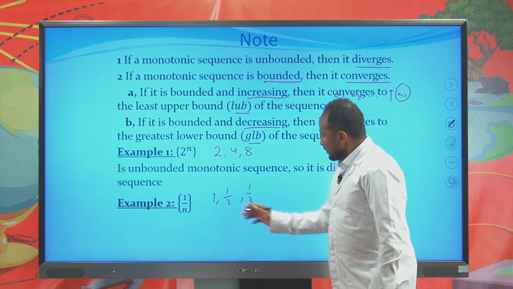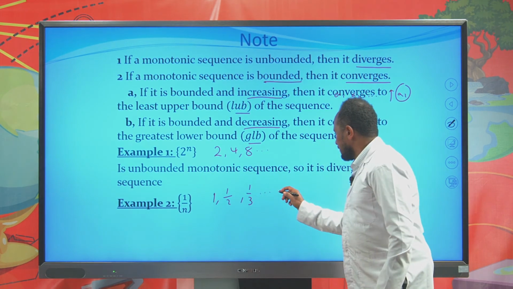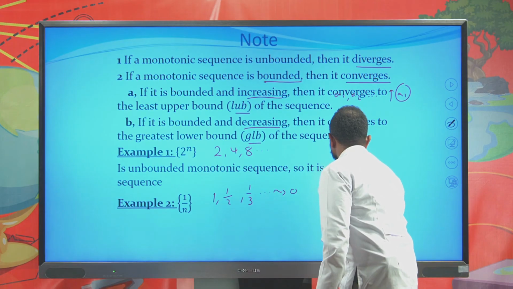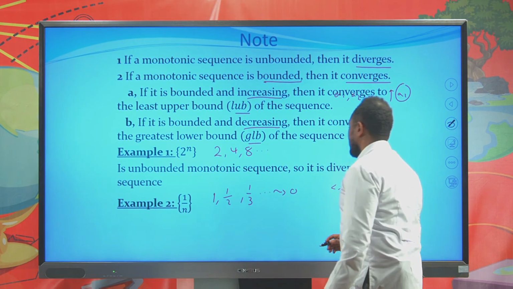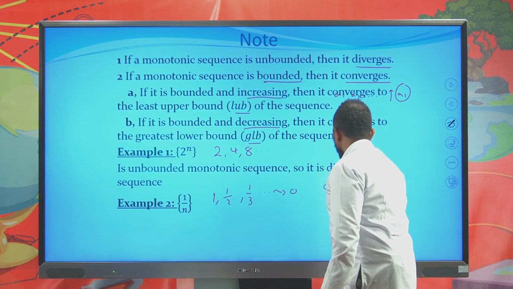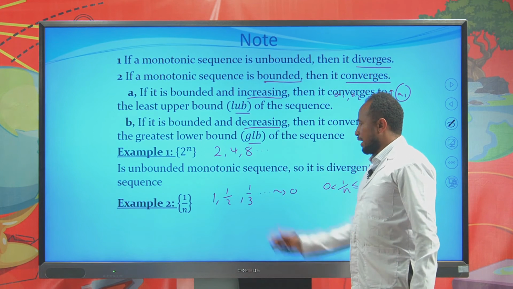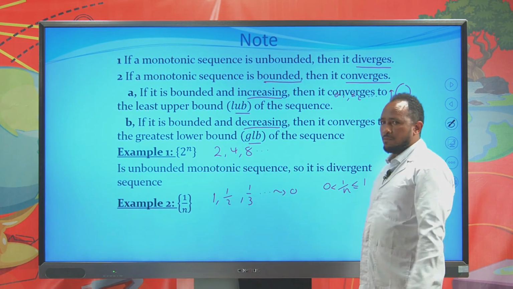And this at infinity, it converges to, we can see this one in this form. The terms of this sequence are 1 over n. It's found between 0 and 1 including, and it's decreasing. So it's a bounded sequence.